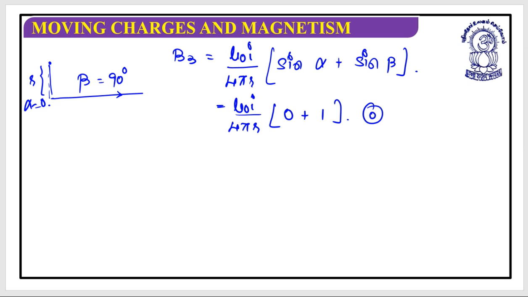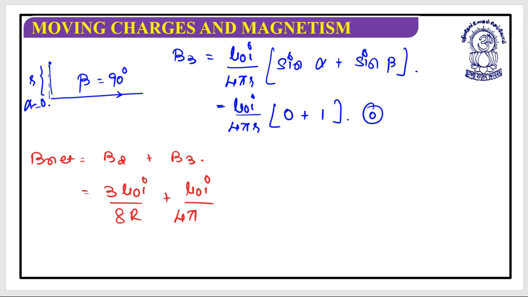So B net should be equal to B2 plus B3, because B1 is already 0, no need to write it. It's 3 mu naught I divided by 8R plus mu naught I divided by 4 pi R. I hope this is clear. Is it clear?